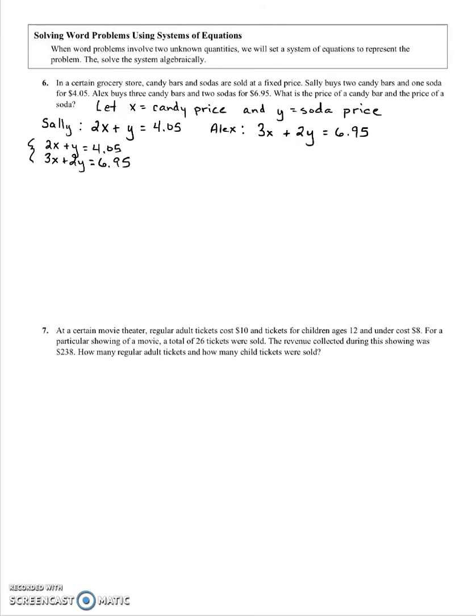Now, we could choose either method we want to solve this. I'm going to use the addition method because I want to use this example to show you something. So, step 1, we have 2x plus y equals 4.05, and I have 3x plus 2y equals 6.95.